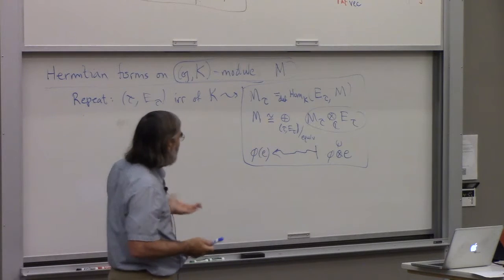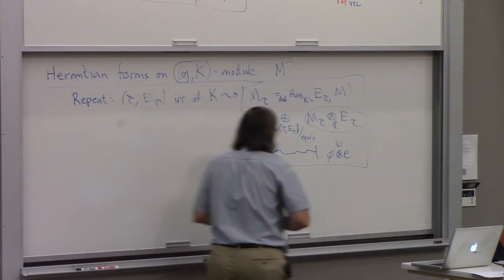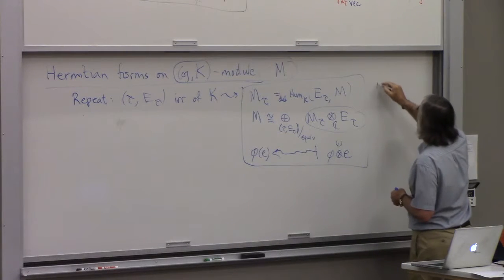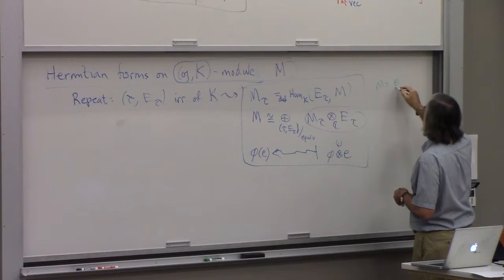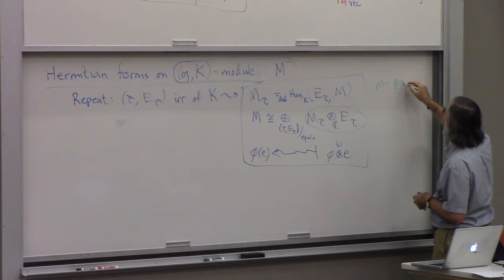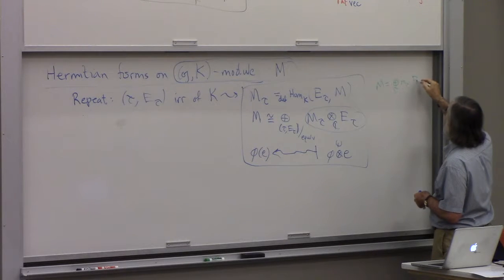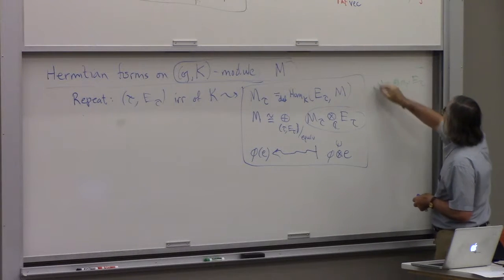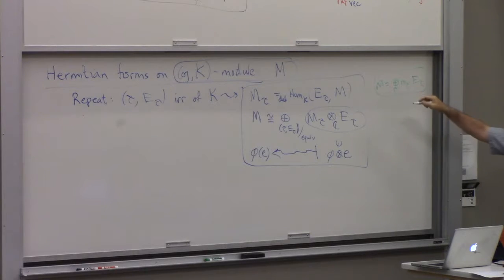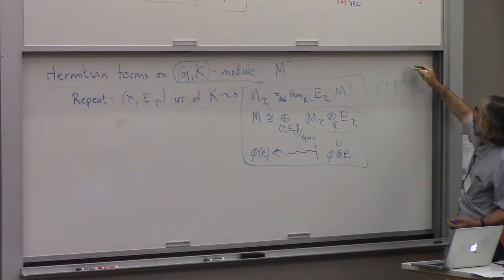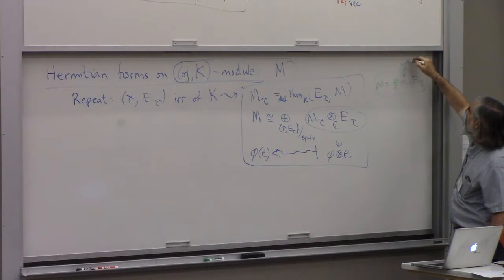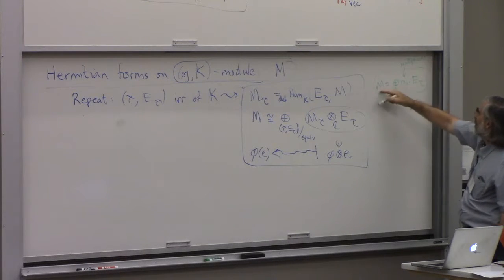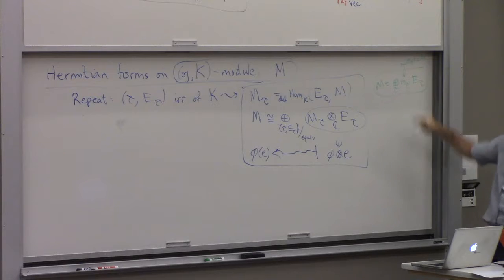So you may think that all I'm doing is writing M as the sum over tau of irreducibles; this is something that people write a lot. They say that you can write a representation as just a sum of irreducibles with multiplicities.